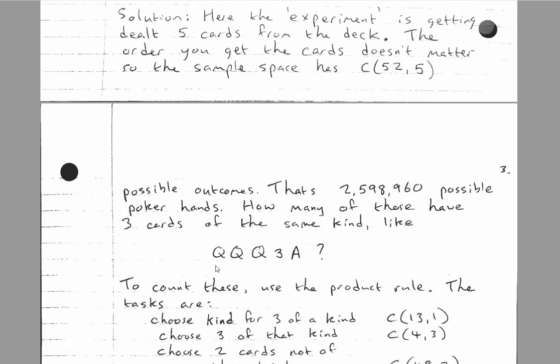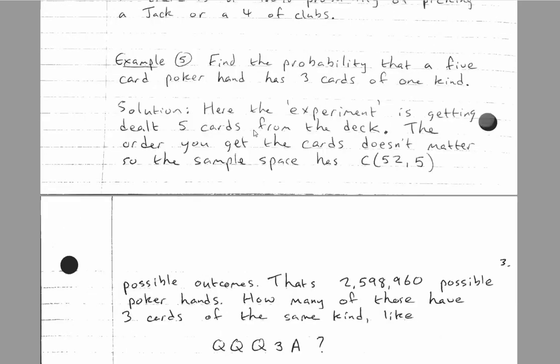So these could be the cards in your hand. This is what we'd like to count. Say 3 queens and then 2 other cards. Interpreting the question, we're not including 4 cards of the same kind, so only 3.